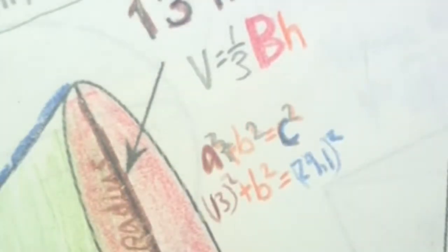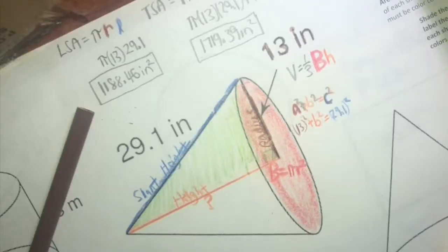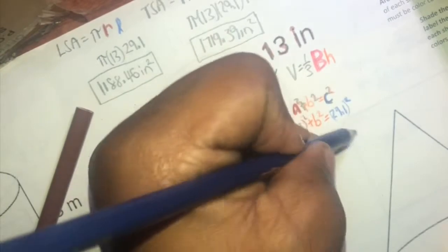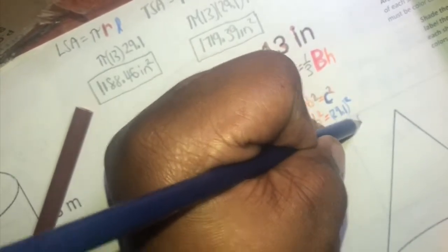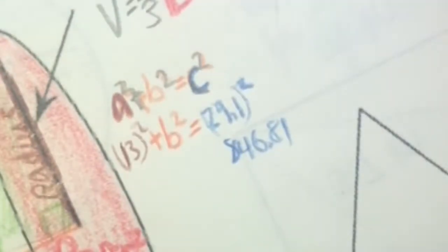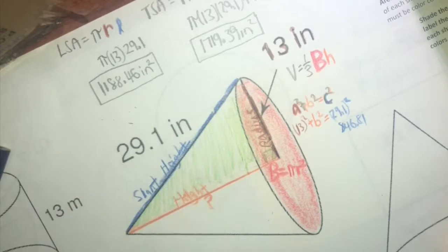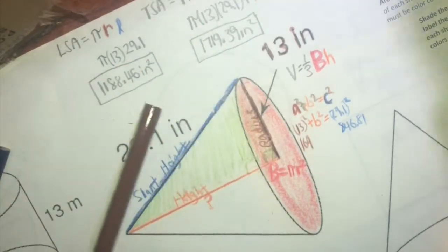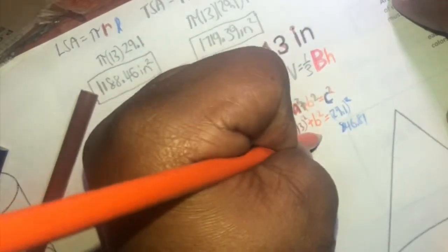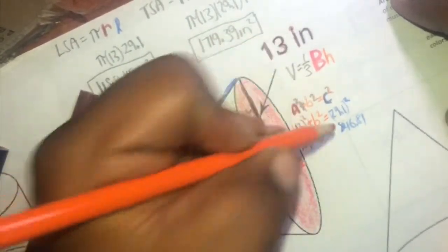So let's see, 29.1 squared is 846.81. 13 squared is 169. And then I don't know what B squared is.